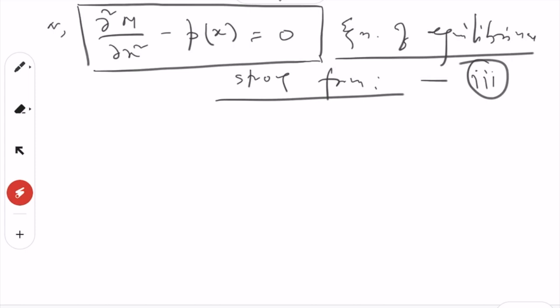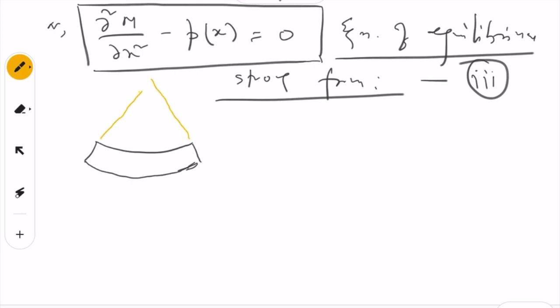Okay, so let's start with the strain one. So let's see if you have a pure bending case. So pure bending will be something like this one, and pure bending will be like a pure circular arc.